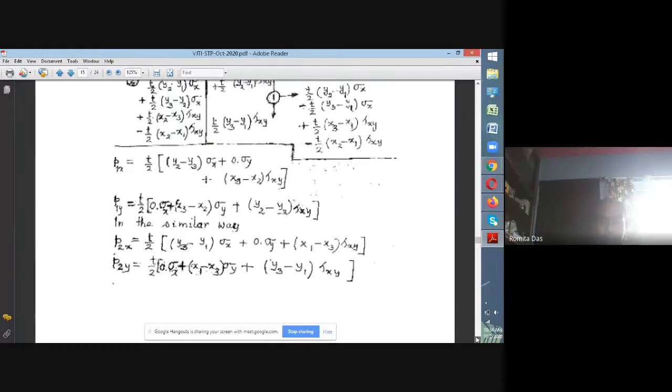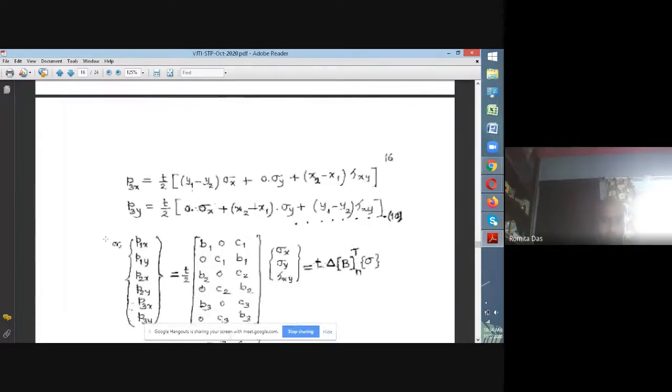That was written in the form that the 6 loads at the 3 nodes, with 2 components at each node, can be written in terms of the stresses and the matrix B. I'm sorry, it is actually the strain displacement matrix B, and that's how we got the relationship: nodal load equals t into delta into B transpose, that is the strain displacement matrix, multiplied by the stresses sigma x, sigma y, tau xy.